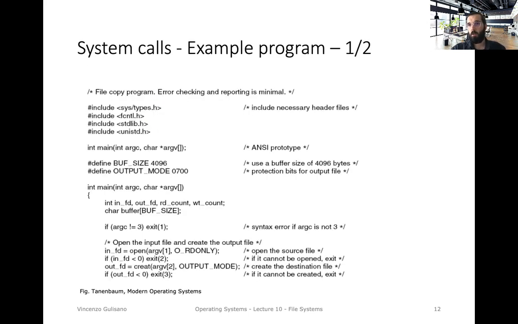Here we can just look at a very simple example. So this is a program that copies a file. You give the input file and you specify the destination where you want to copy the file. I ask you to go through this code and basically check it.